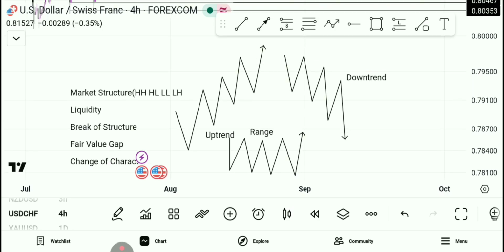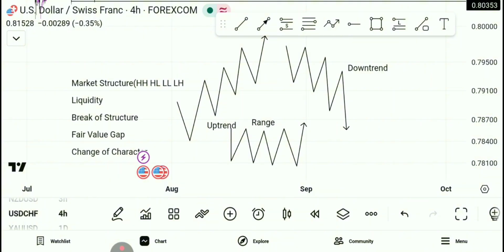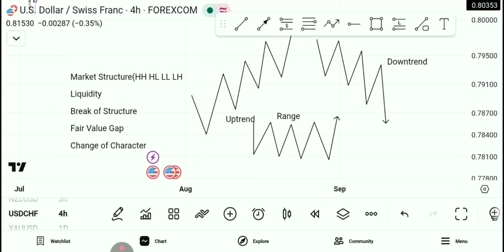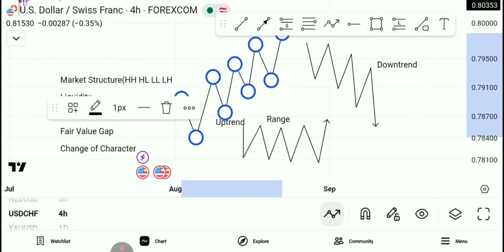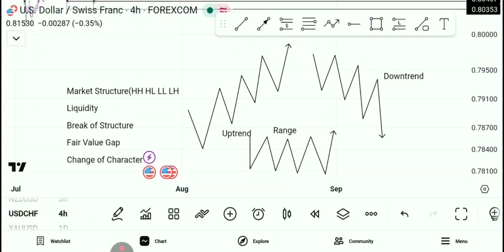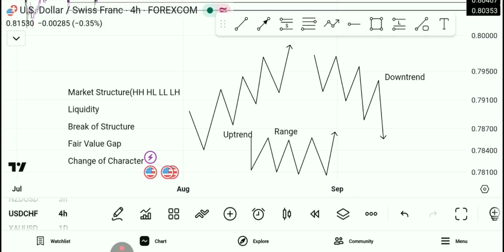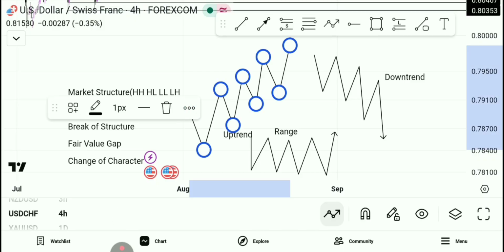So market structure is a series of price action in which the market moves up, moves down, and also moves in a range. The first one is an uptrend market structure, in which price is going in an upward direction.